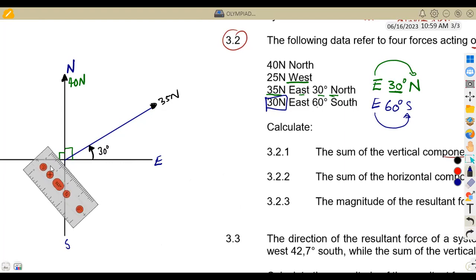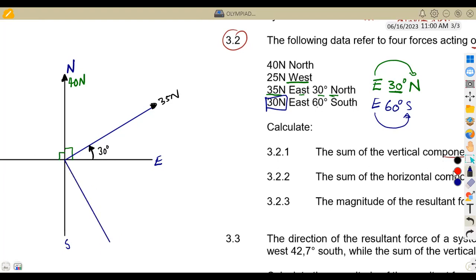So this is what you're going to have from the east to the south. I'm not worried about the angle much. I'm worried about approximating where our angle is going. So it's just an approximation, where we are going to have our 60 degrees.